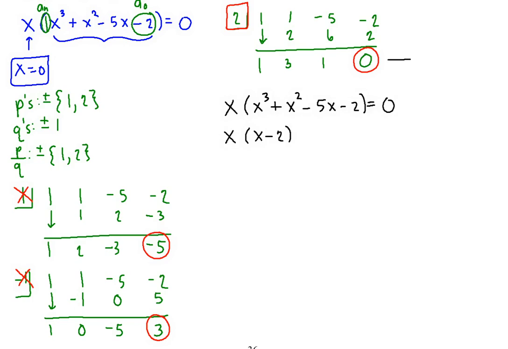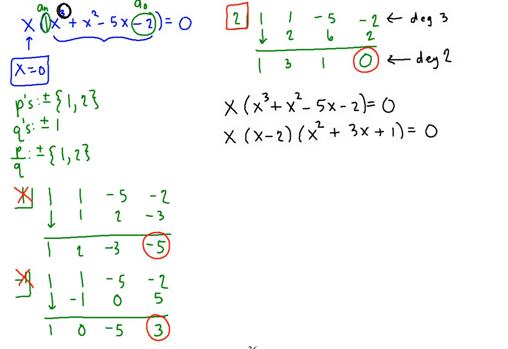The other factor, remember, lies on this line. Don't forget, we started with degree 3, working inside parentheses. After one round of synthetic division, that represents a degree 2 polynomial. So let's assign descending powers of x, starting with x squared. We have 1x squared plus 3x plus 1 equals 0.